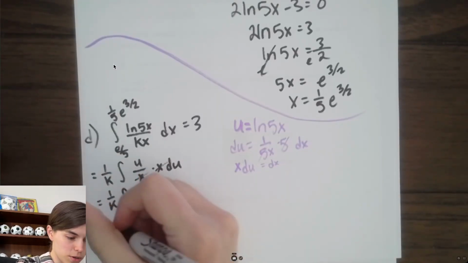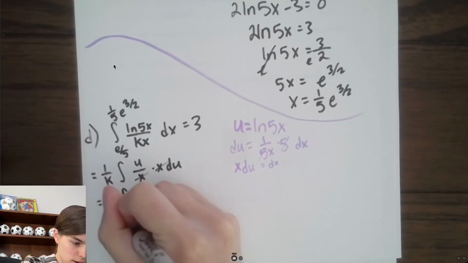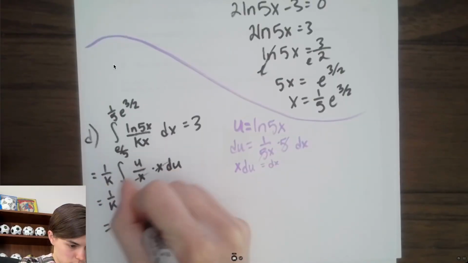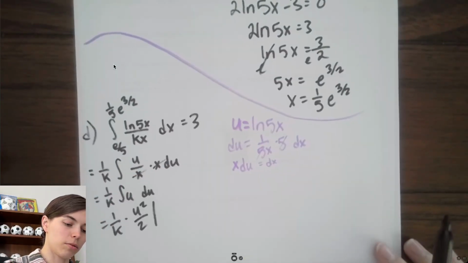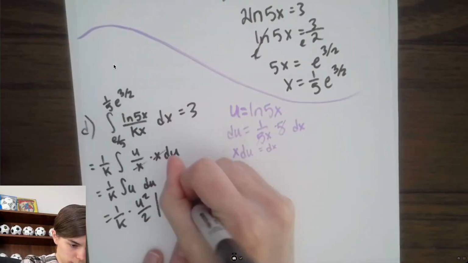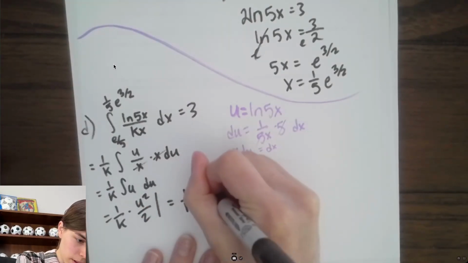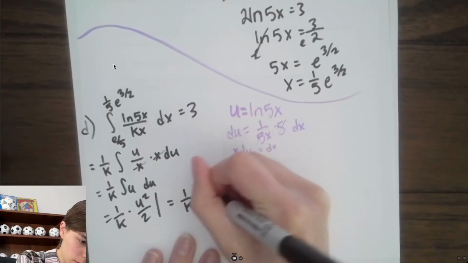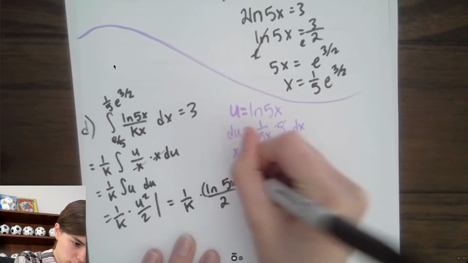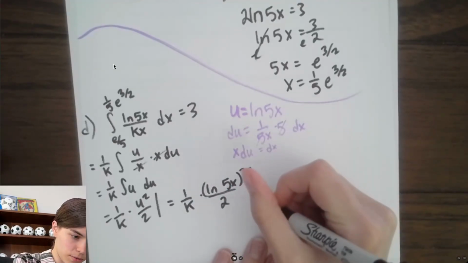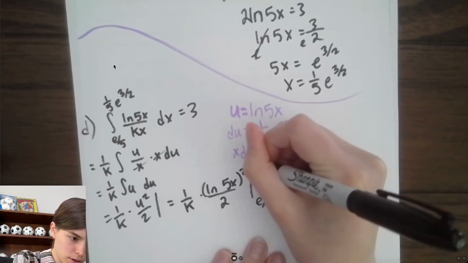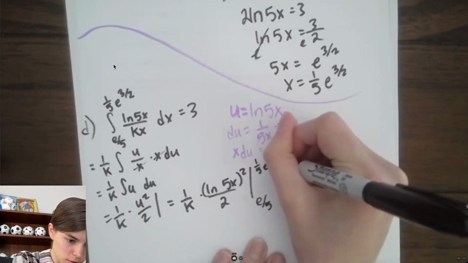So now it's u squared over 2 over k times u squared over 2. And then let's plug our u back in. 1 over k times ln of 5x over 2. Oh, this is squared. And from our bounds of e over 5 to 1/5 e to the 3/2.